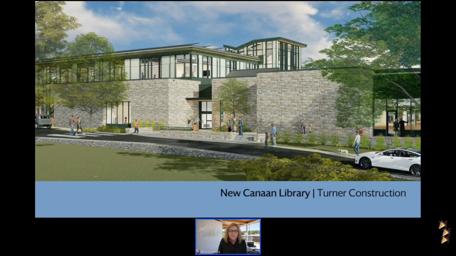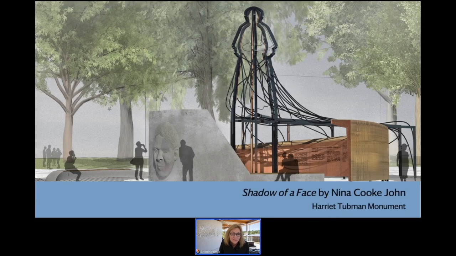New Canaan Library, right here where we are. Turner Construction was on this project along with Centerbrook. But what's been so, I think, illuminating is that you bring in folks that are like-minded, that are innovators, that want to then be able to use our wherewithal, right? So Turner Construction has now done so more broadly within their entire organization, part of their ESG Summit.